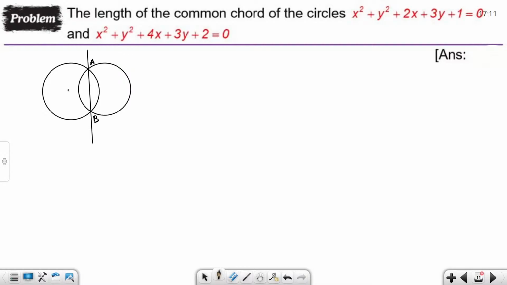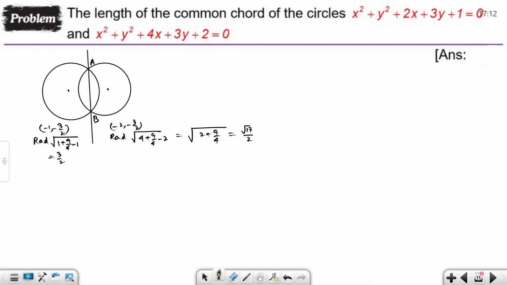Now the center for the first circle is, and its radius is, and the center for the second circle is, and its radius is. So that gives us root 17 over 2.